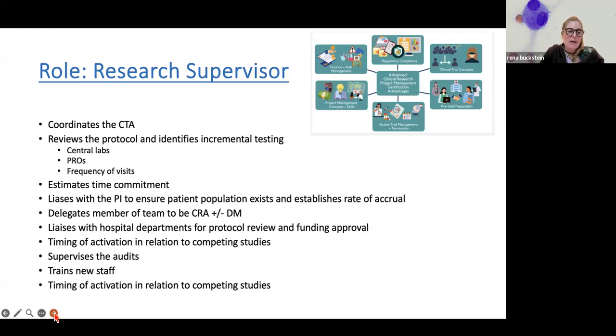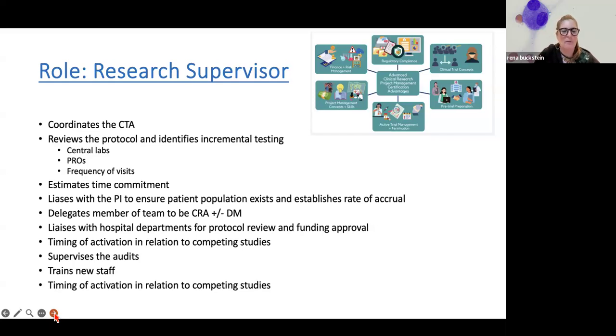You may get audited by regulatory agencies, either the FDA or Health Canada, for the trial that you open. So the research supervisor is supervising the staff to ensure that you're adhering to the protocol, that you're doing good documentation of training and maintaining shadow charts and adhering to protocols, so that when the audit comes, it's as painless as possible.